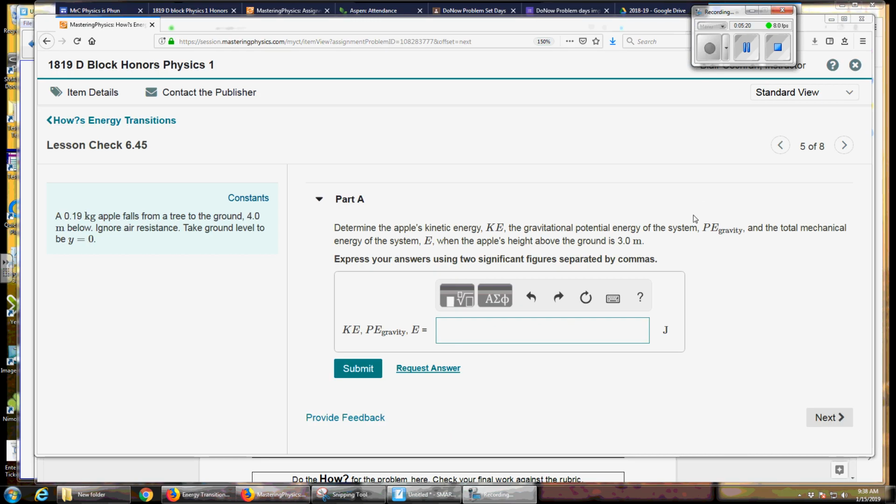Arithmetic. All right, so we have an apple falling from a tree from a certain height. We're asked what is the kinetic energy, potential energy grav, and total system energy at some height below that, but not at the ground. And we have no air resistance, so we have all conservative forces.